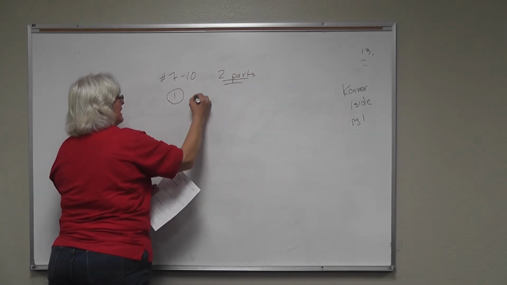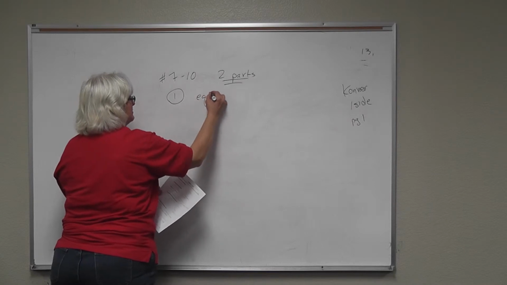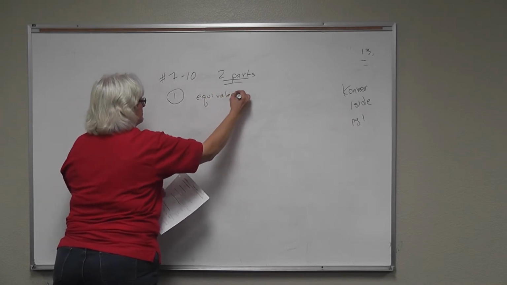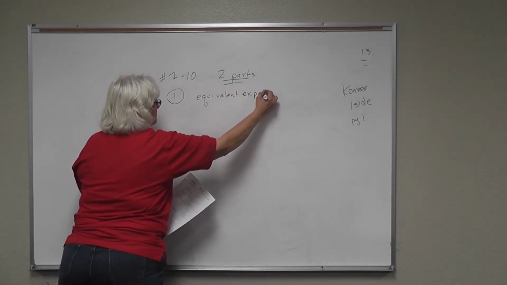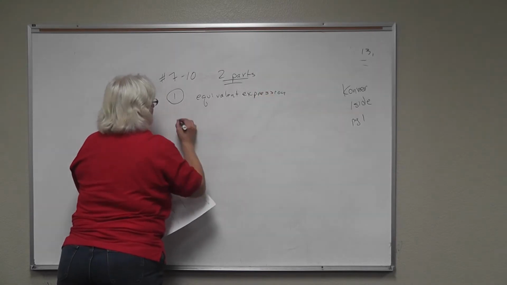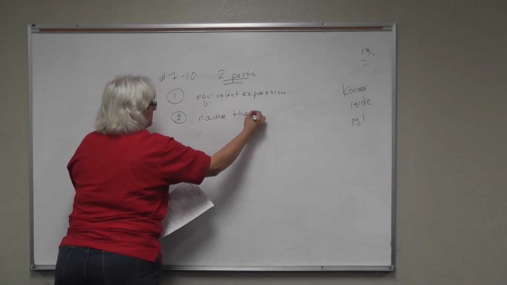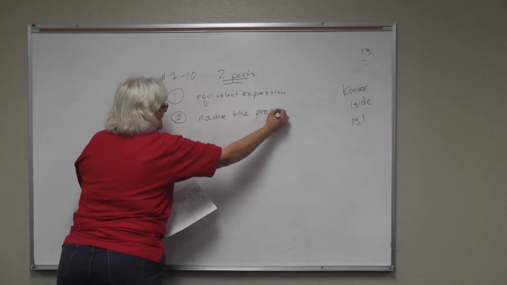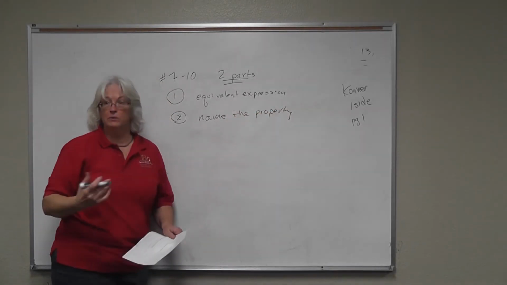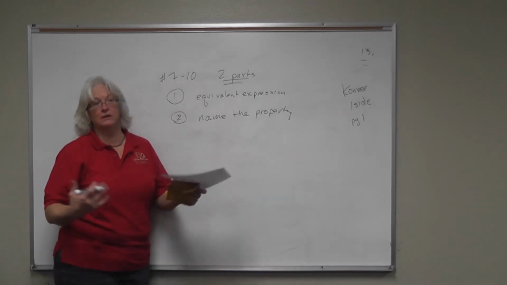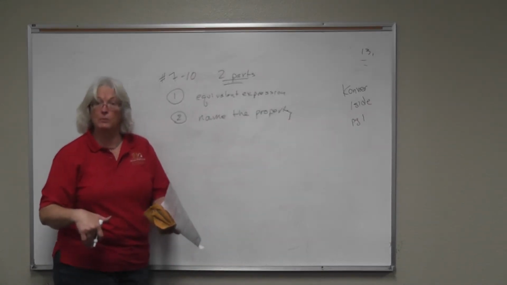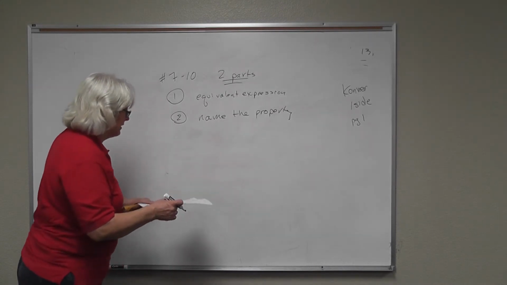First, you have to have an equivalent expression. And then you have to name the property. And this is that math vocabulary, the commutative property, associative property, distributive property, identity property. This is what we're talking about.